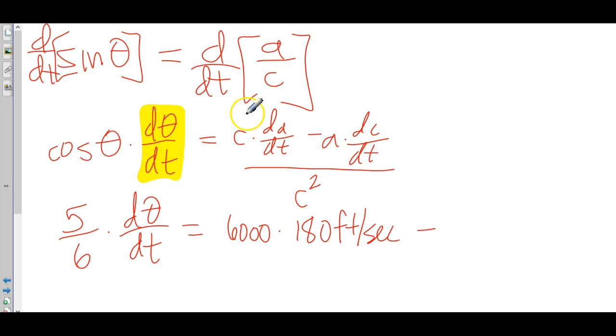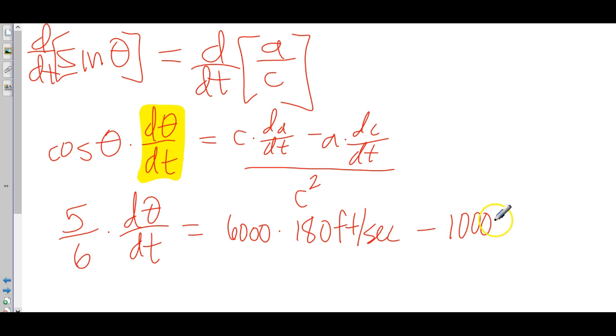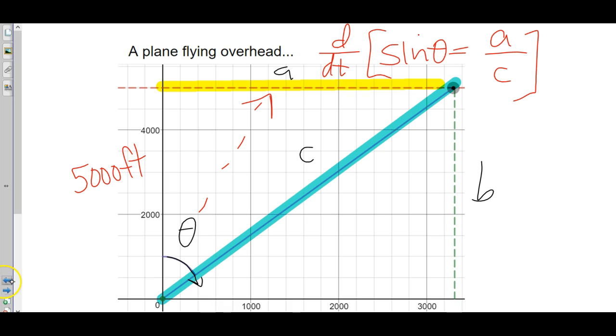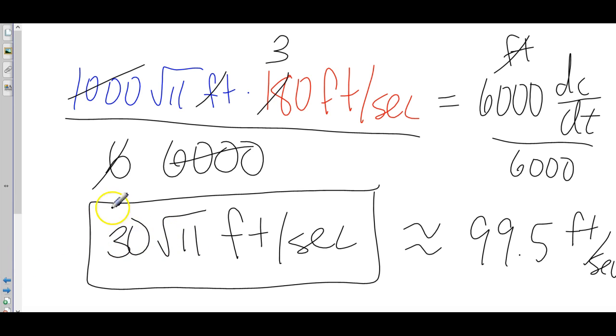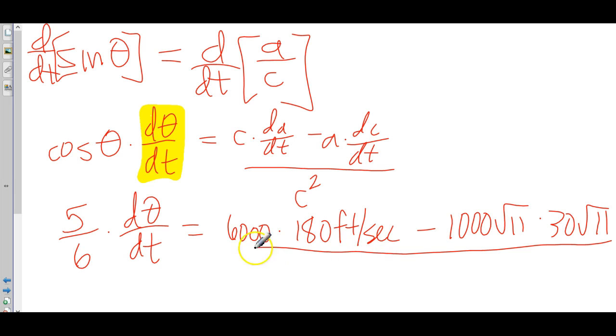Minus A, which is the value we got on the last problem, 1,000 times the square root of 11. And then dC dt, that's what we just solved for on that last problem. That's why I wanted you to do that problem first. So 30 times the square root of 11. And then that's all over C squared, which again, C was our hypotenuse, so that's 6,000 squared.